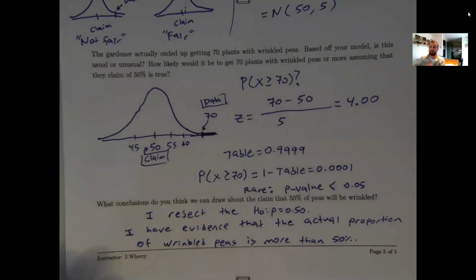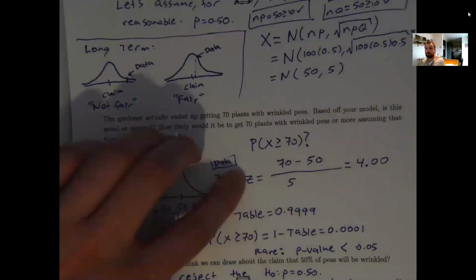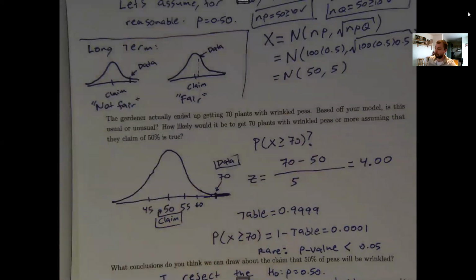I've just tested a claim about a population based off of the sample. Technically, I've done something called a hypothesis test. There will be a video that looks at hypothesis tests in a lot more detail, but I'm looking at the math, and it's really just a matter of coming up with the right average and standard deviation, finding some z-scores, and looking them up.